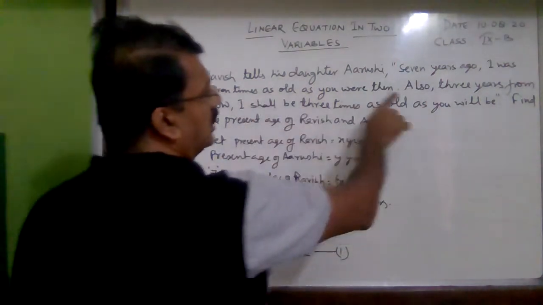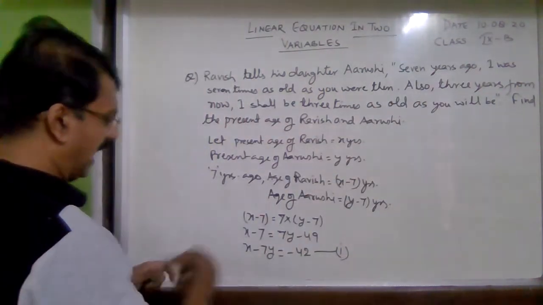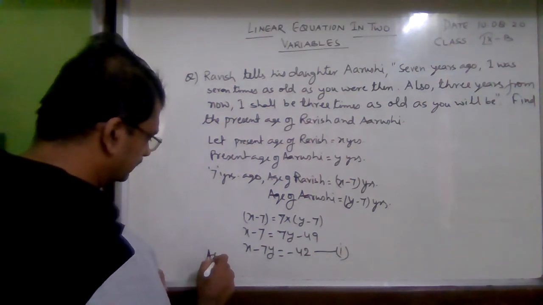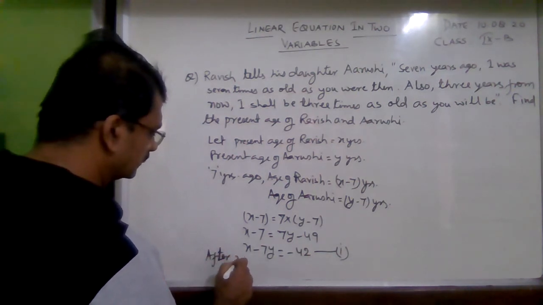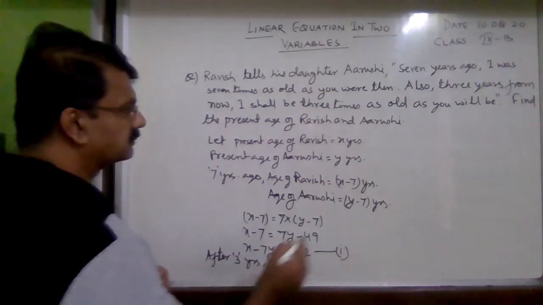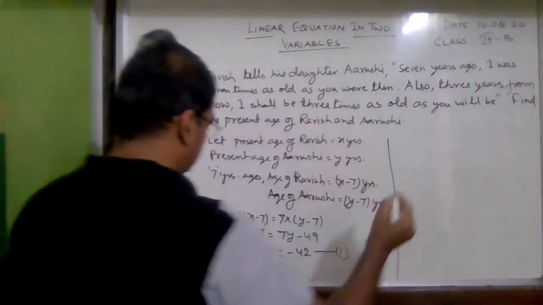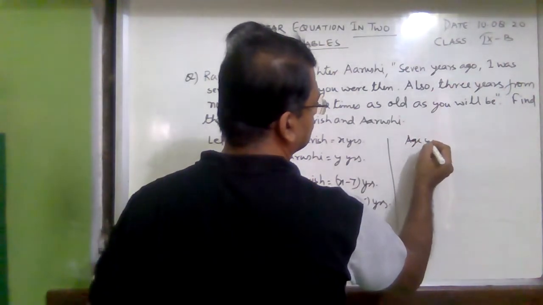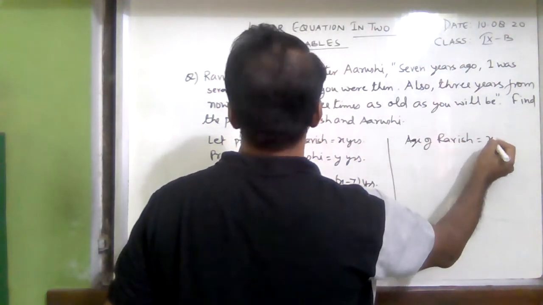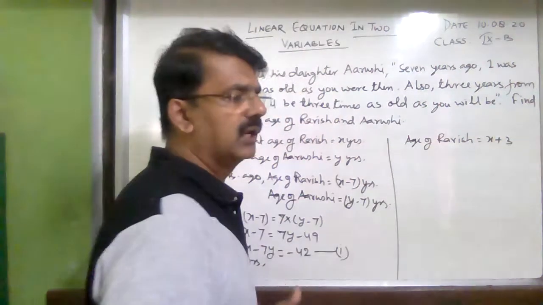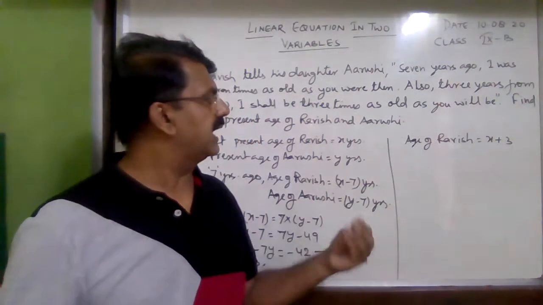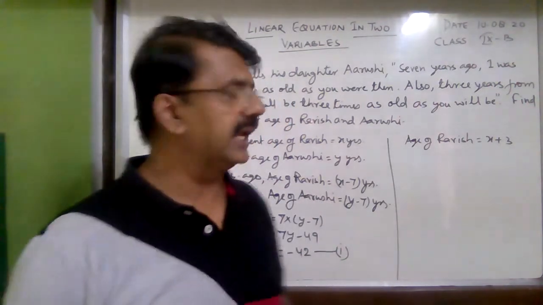Now also, 3 years from now, so after 3 years, the age of Ravish is x plus 3, because if you want to find the age of any person after 3 years, simply add 3 to his or her age.